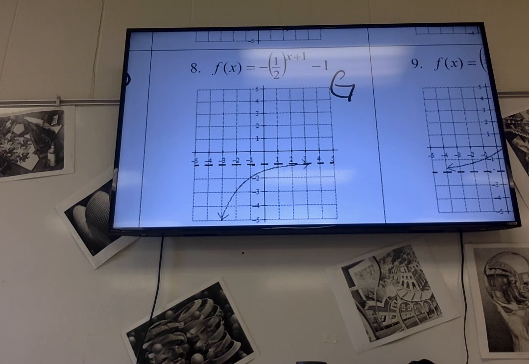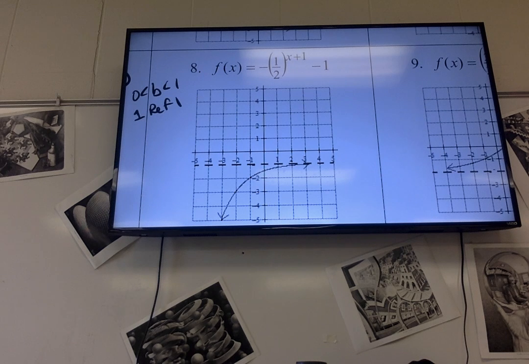Look at one like number 8. What's our B on number 8? Yeah, it's between 0 and 1. And are there any reflections? Yeah, there's just one reflection.